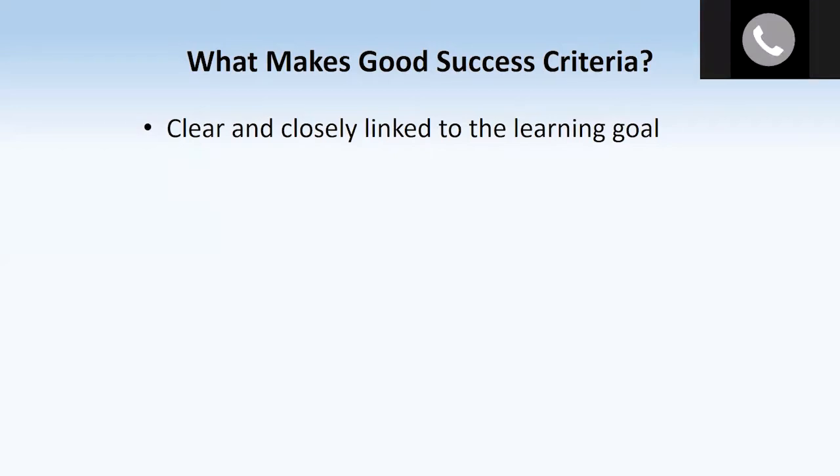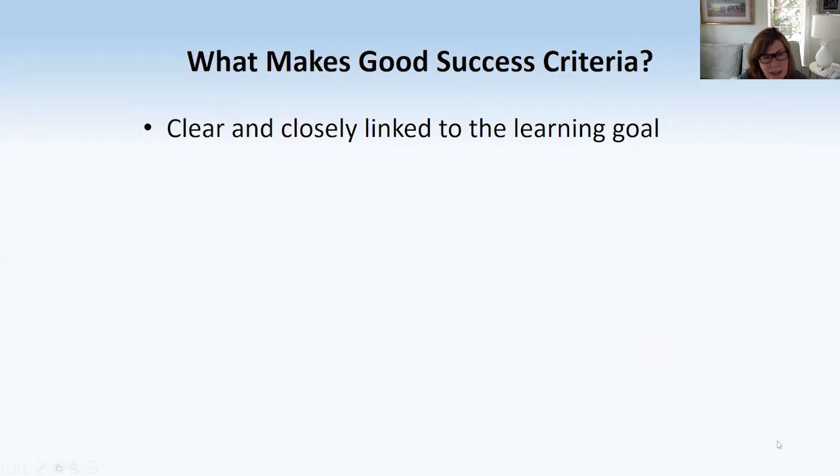And then you ask for the success criteria, and sometimes I think, this has got no relationship whatsoever to the goal. So making sure that they really are the performances of learning that you are looking for to tell you, and indeed to tell the students themselves, that they're on the way to meeting that goal.